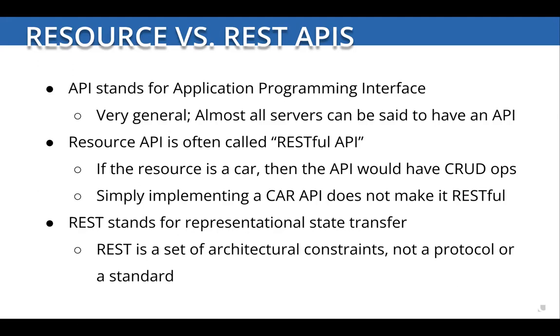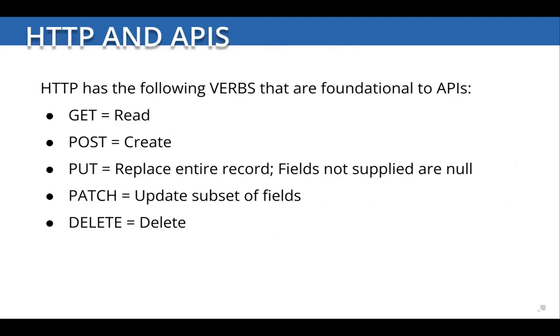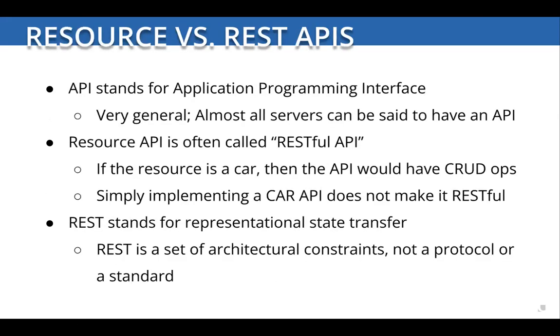Another example is a car, where the values might be make and model, but the resource is the car. So there are CRUD operations to create, read, update the car, and potentially delete it. So that's a resource API. And when most folks talk about RESTful APIs, they're really talking about a resource API.